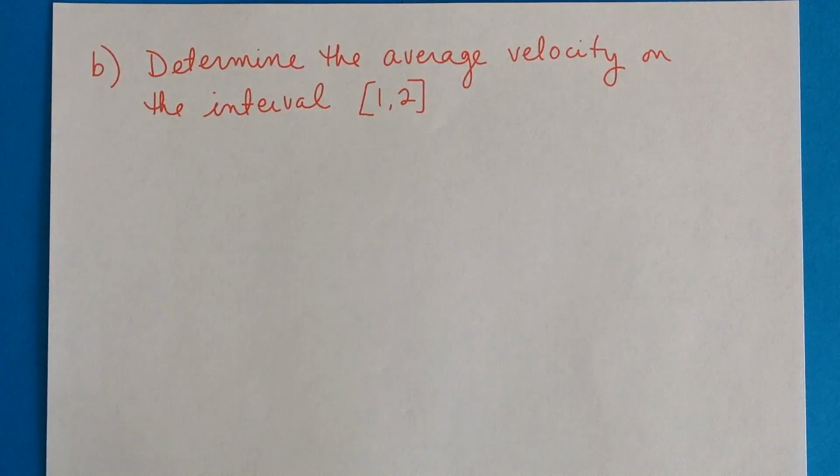Now, to get your change in distance, that would be actually using your position function, because your position function tells you where you're located, okay? So you would need to know those two numbers to get the distance, like what is the distance from 1 second to 2 seconds.